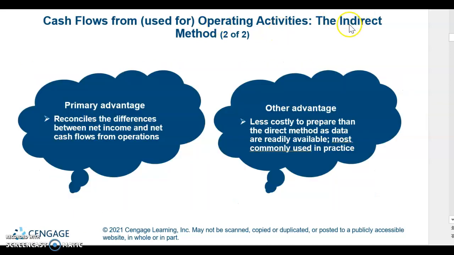An advantage of the indirect method, which is the way we're going to be doing it, is that it reconciles the difference between net income and net cash flows from operations. And it is also less costly because we have all the information available to us. And that's why we're going to be using this method.